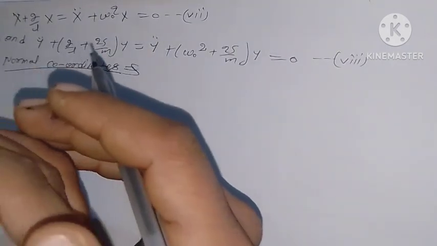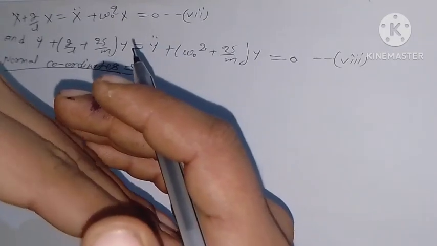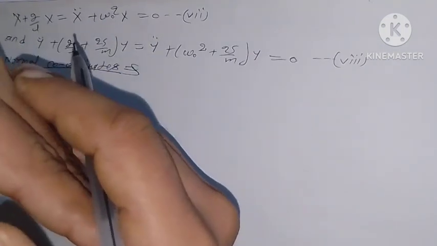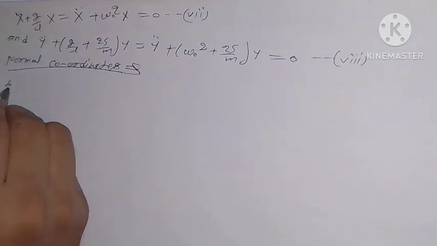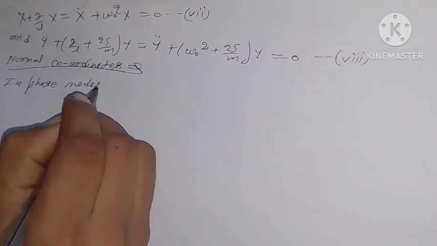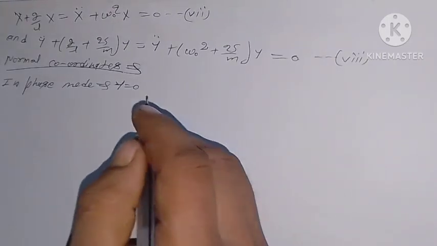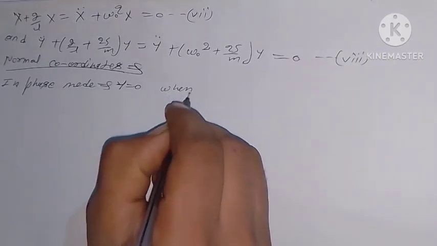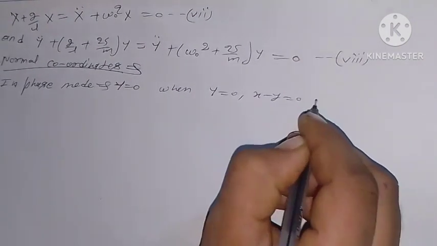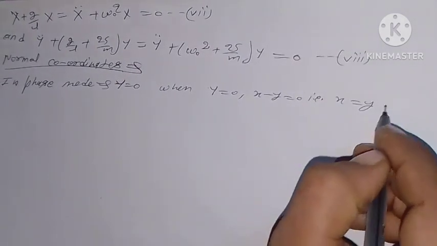Thus the coupled system of two simple pendulums has two normal modes, one described by normal coordinate X and the other by normal coordinate Y. In phase mode: when normal coordinate Y equals 0, then X minus Y equals 0, that is, x equals y for all times.